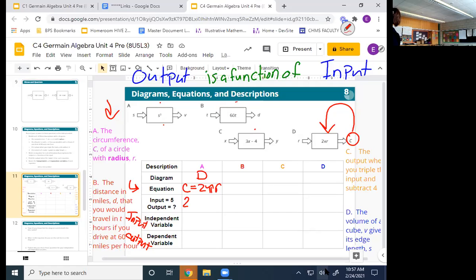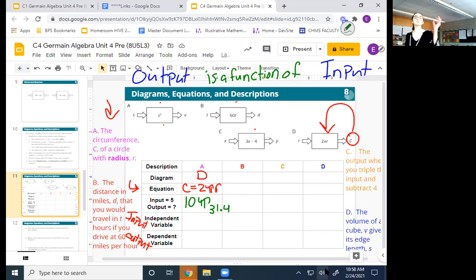You're going to say 2 pi times 5, which means the same thing as 10 pi. If you calculate 10 times pi, or 10 times 3.14, we get 31.4.